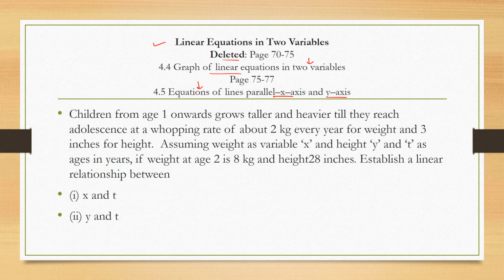Children from age 1 onwards grow taller and heavier till they reach adolescence at a whopping rate of about 2 kg every year for weight and 3 inches for height.